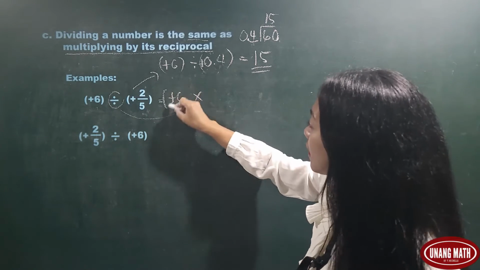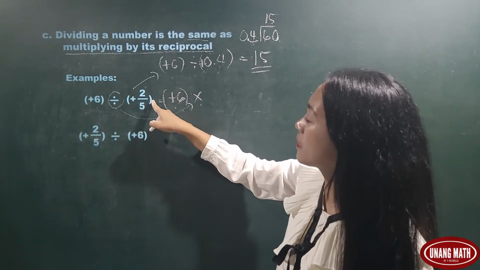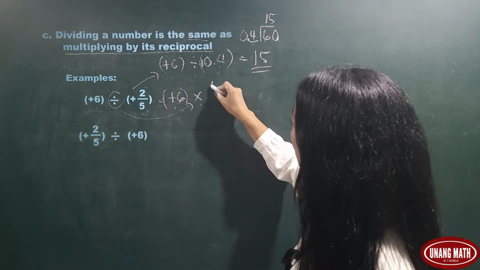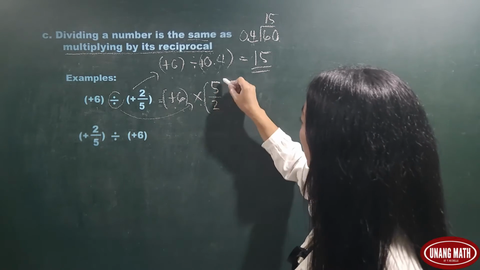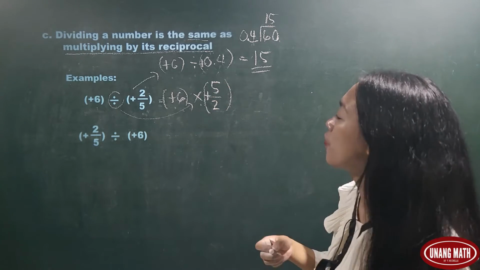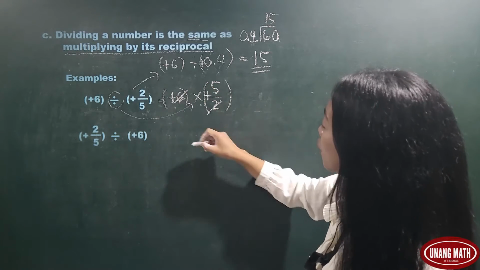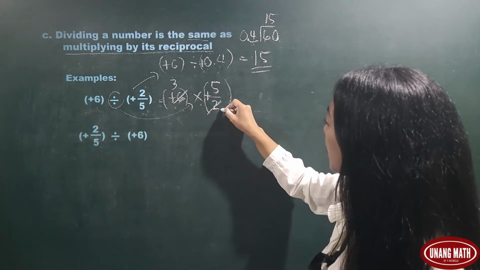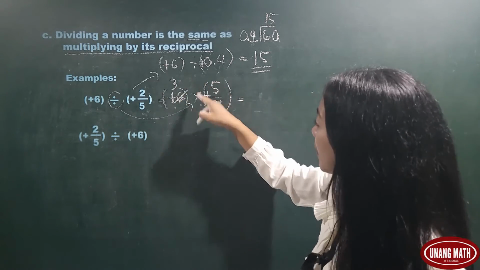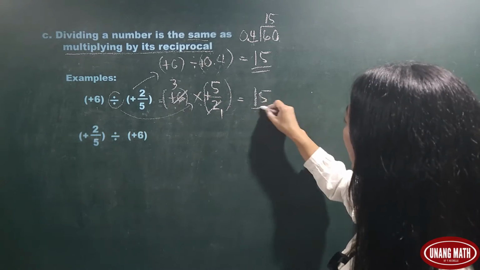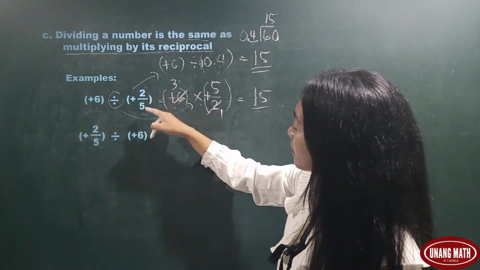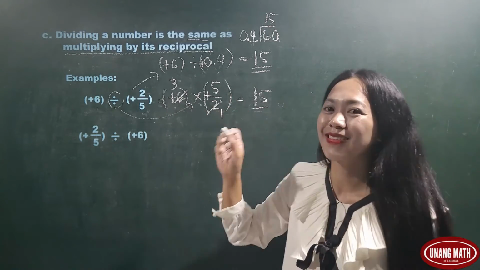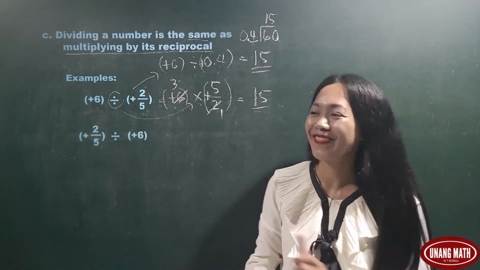So positive 6 times the reciprocal of 2 over 5. So 5 becomes our numerator, 2 is our denominator. So times positive 5 over 2. We can simplify 6 and 2. So this becomes 3, this is 1. 3 times 5, the answer is 15. So we got the same answer, but using the reciprocal, the process is easier.